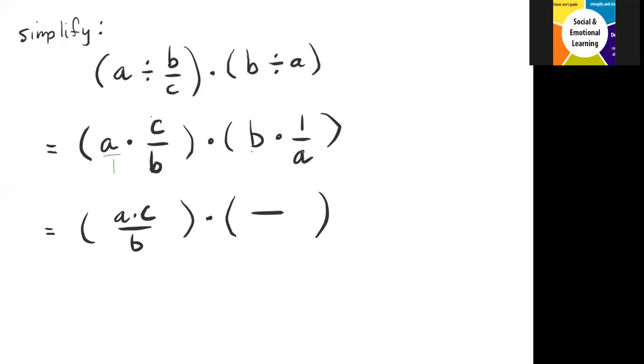Remember, there's an invisible 1 below that B. B over A. So B times 1 over A is B over A. So we could say this is equal to AC over B times B over A.